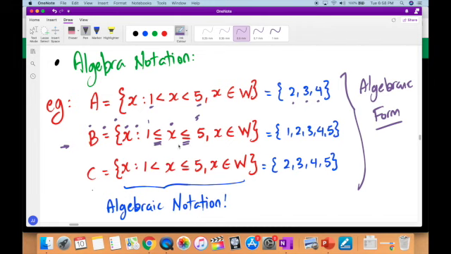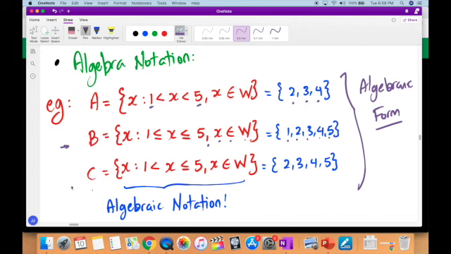Because we have the less than or equal to, that means the 1 and the 5 are included, where x, the number, is an element of whole numbers. So it's a whole number we're dealing with. So now we could see that the 1 and 5 are included. So this set is 1, 2, 3, 4, 5.